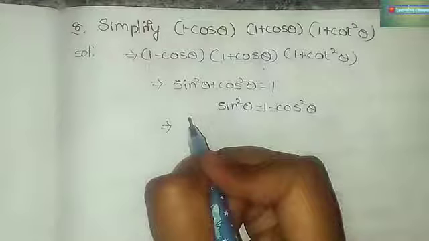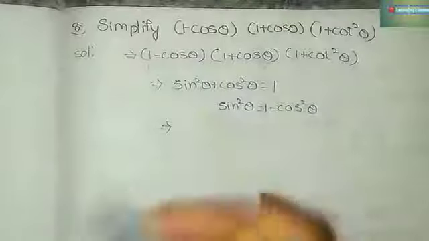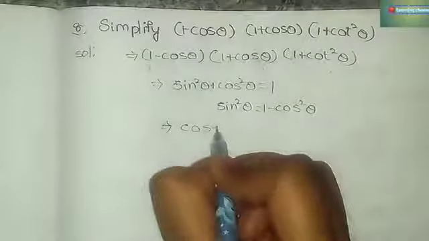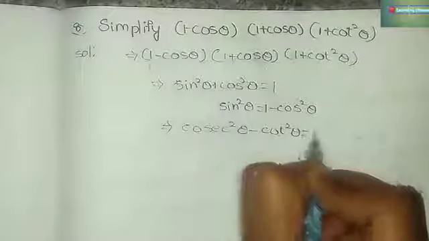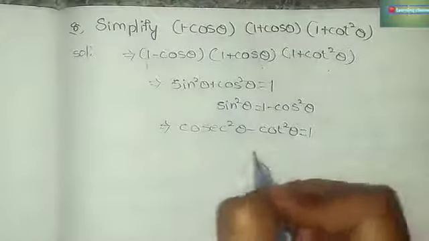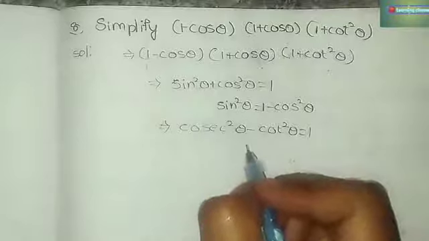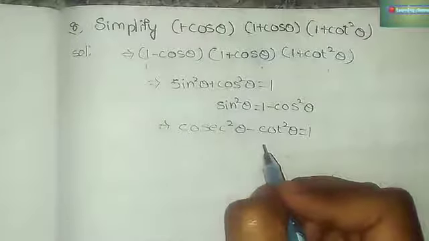Sin square theta is equal to 1 minus cos square theta. This is the one. The other one is cosecant square theta minus cot square theta is equal to 1. So from these we can write cosecant square theta is equal to 1 plus cot square theta.